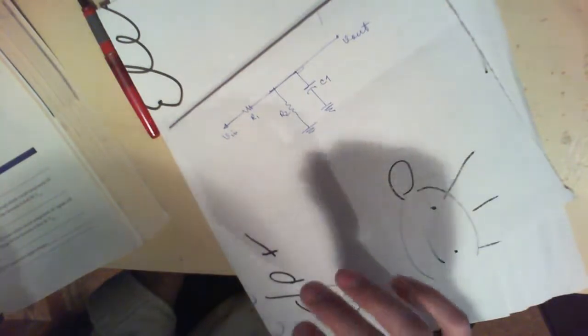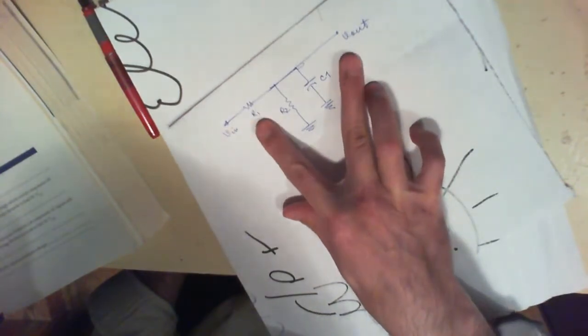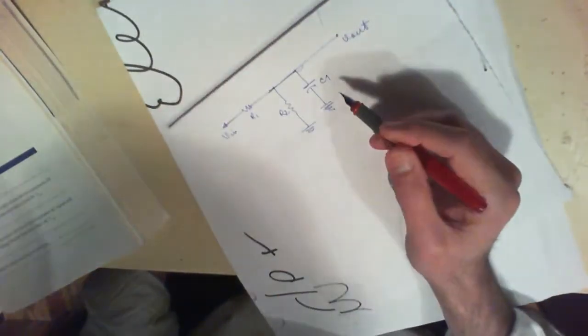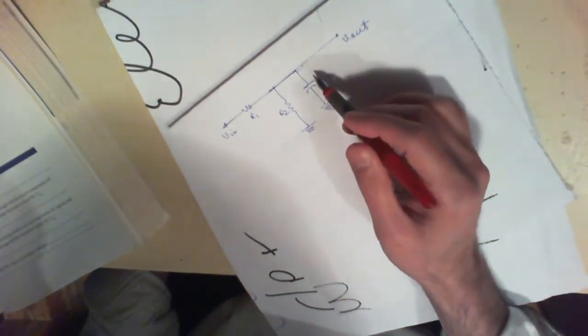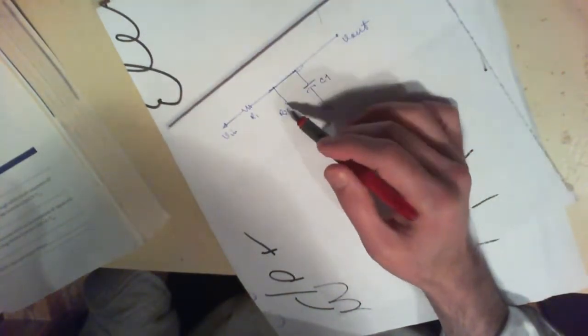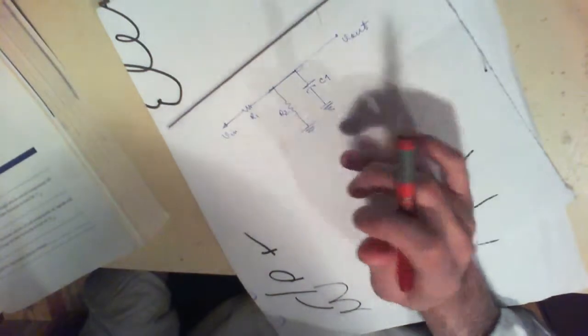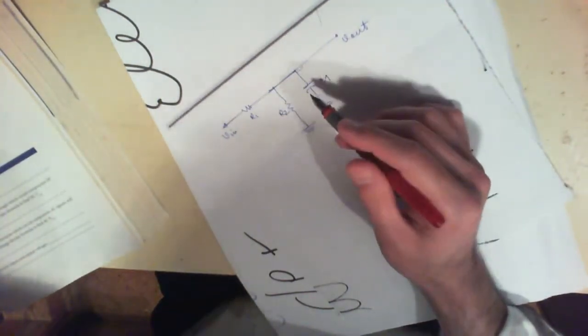When you want to do this kind of simplification, you need to make sure that the reactance of this capacitor in this circuit is around 1/10 or less than the ohmic resistance value of this resistor over here. In the circuit that we had before, that was not the case.